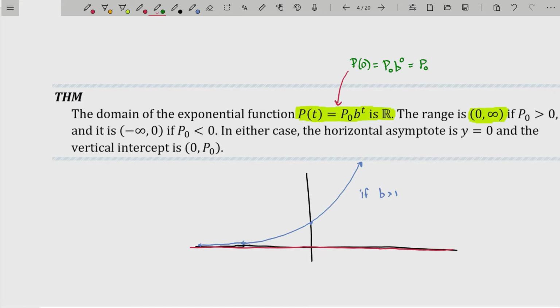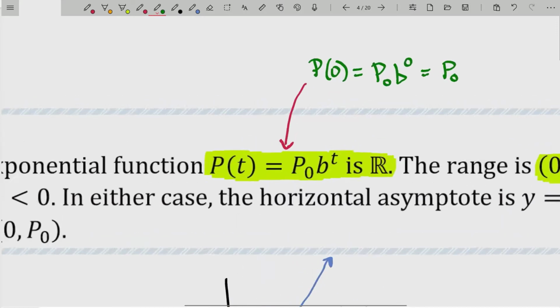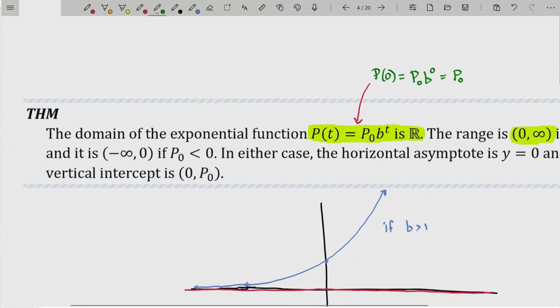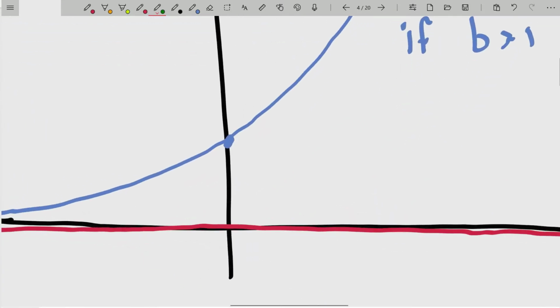It's because any number raised to the 0th power is 1, with the exception of one number, 0. 0 to the 0th is indeterminate. We do not know what that is. And so we say we cannot determine that, or it's indeterminate. Luckily, with exponential functions, your base will always be positive, so you don't have to worry about that condition. All right. And I'll mark that on the graph here. So this point right here is 0 comma p sub 0, or p naught is what I'm calling that.